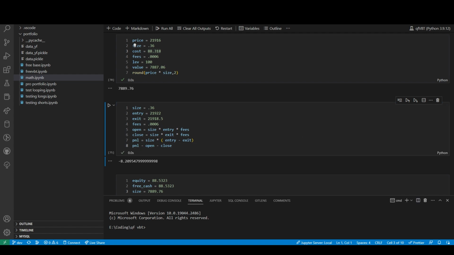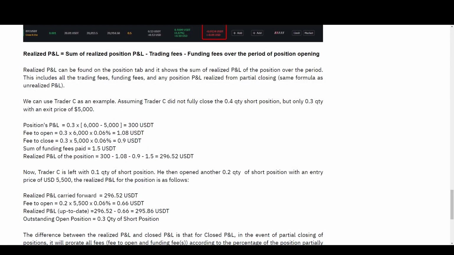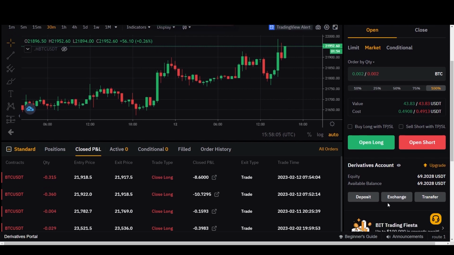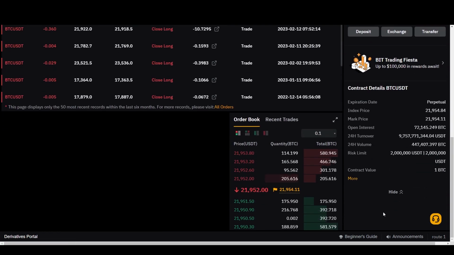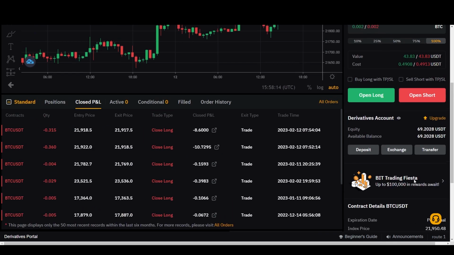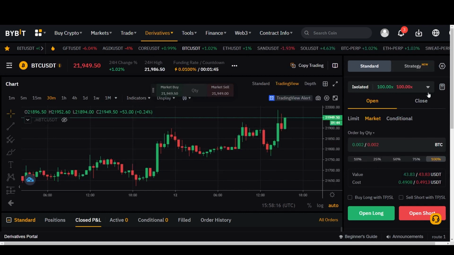How much are my funding fees? It says here, sum of funding fees. What are the fees right now? Where do I find out what the funding fees are?